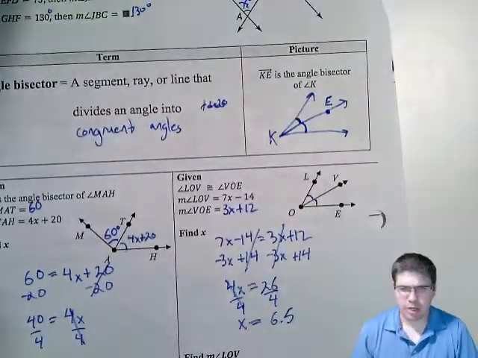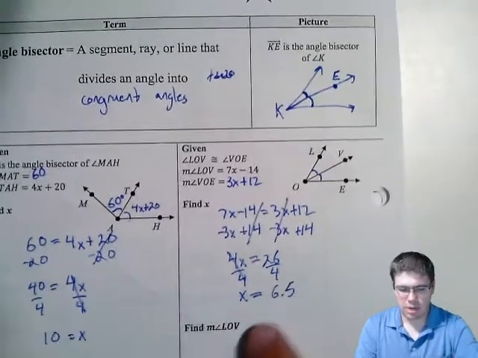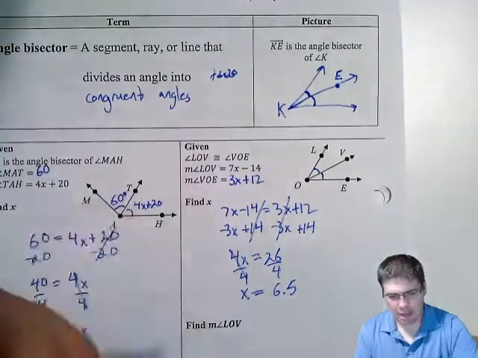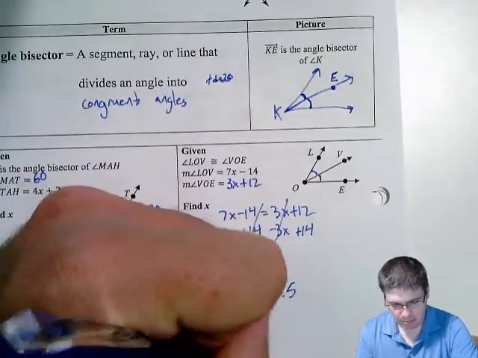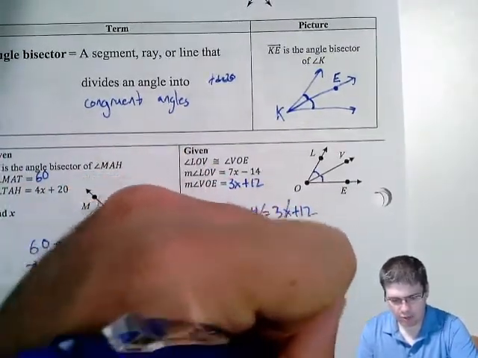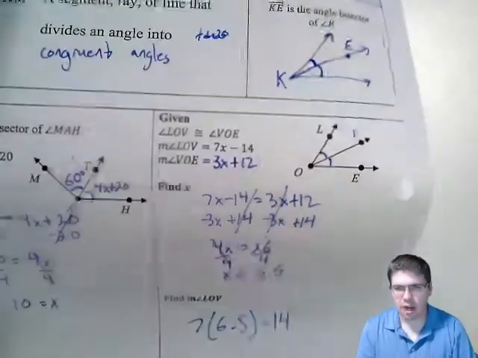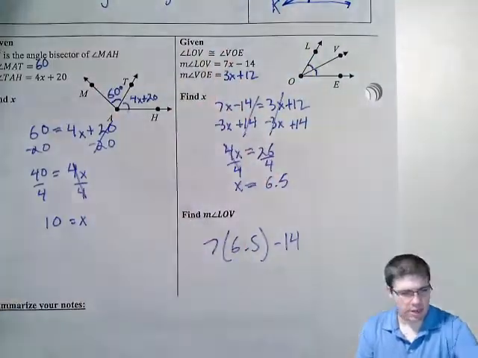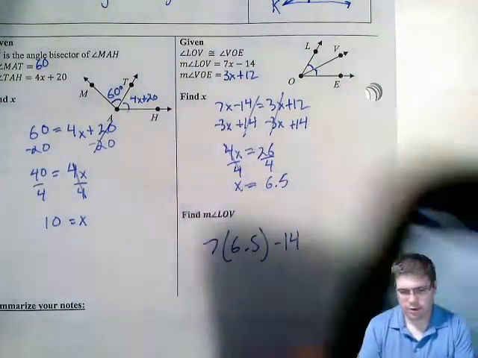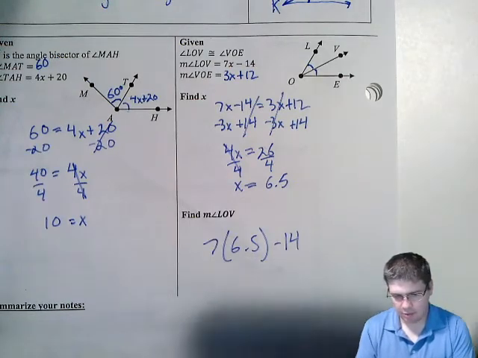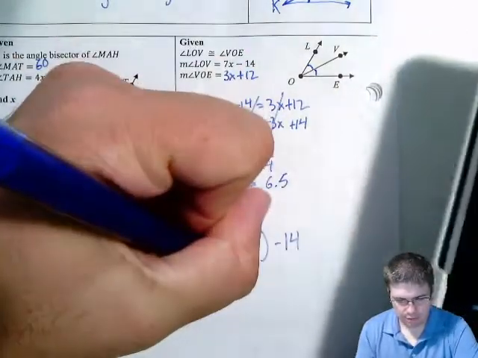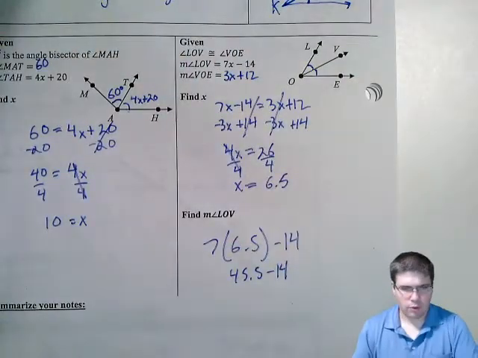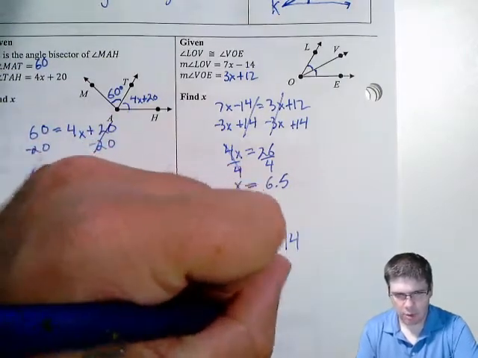So 6.5 is the value of x. Sometimes a question might ask for that. Another thing a question might ask for is, what is the measure of angle LOV? So what we can do is take what x is and plug it back in. So it would be 7 times 6.5 minus 14, and that would actually give us the measure of angle LOV. If you do 7 times 6.5, we get 45.5. 45.5 minus 14, and if we subtract that up, we get 31.5.